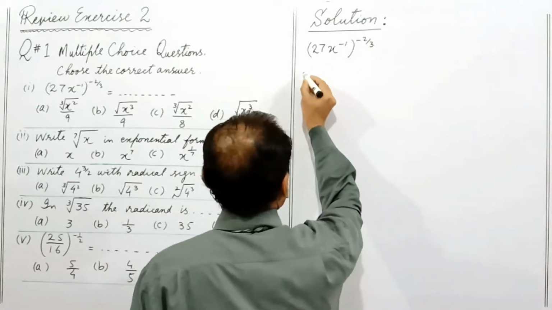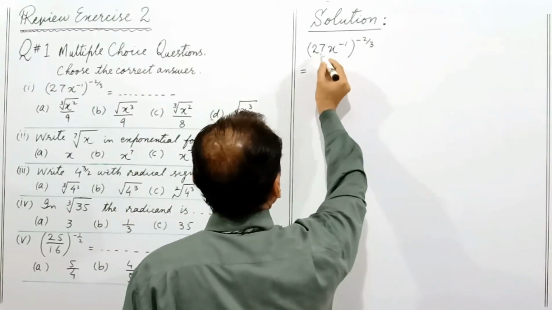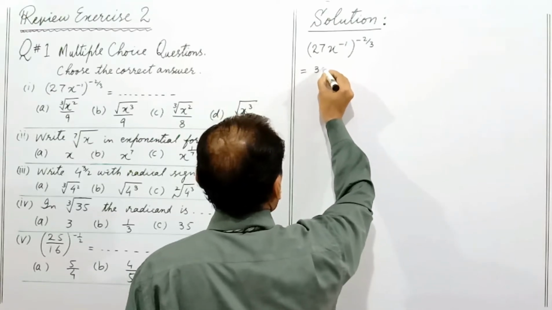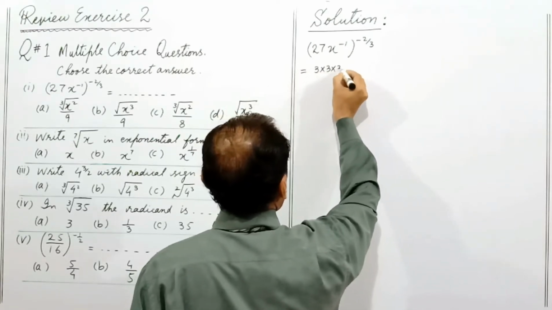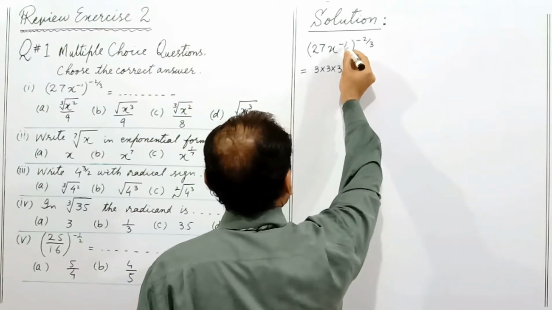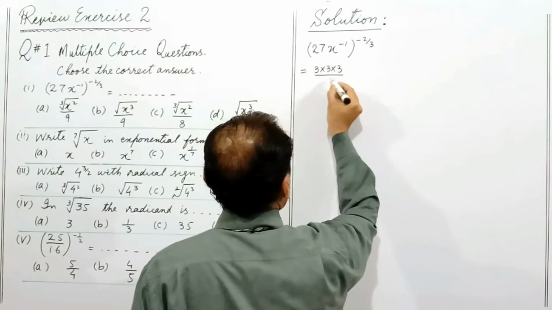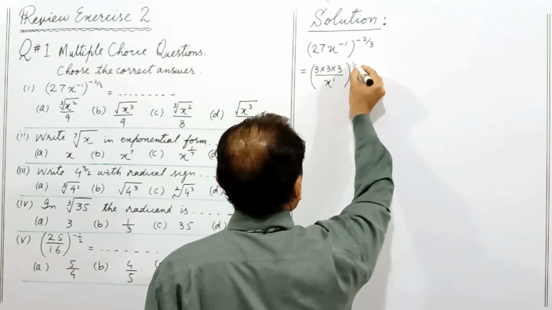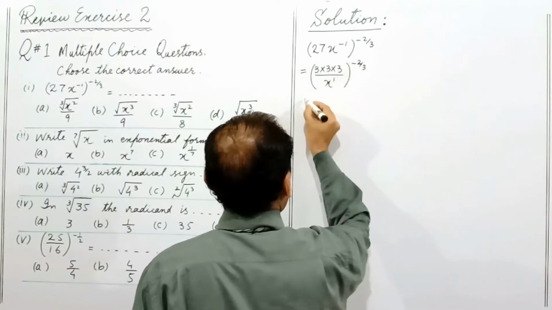What we do in this, we find the prime factors of 27, which are 3 into 3 into 3, and we apply the law of quotient of powers with the same base, x raised to power minus 1, so we take it into the denominator, whole power minus 2 by 3.